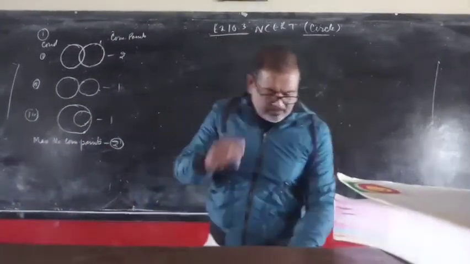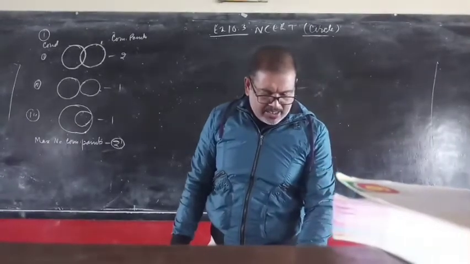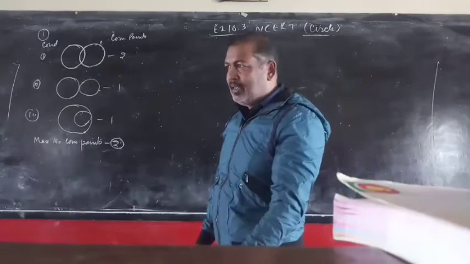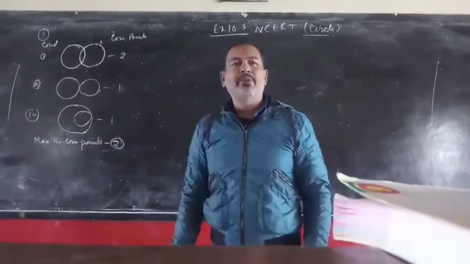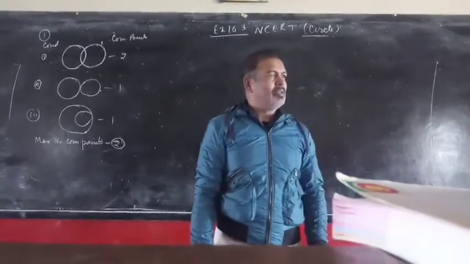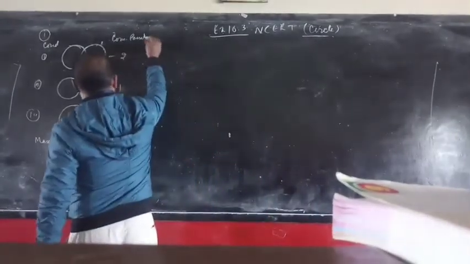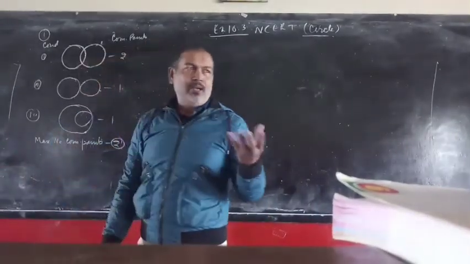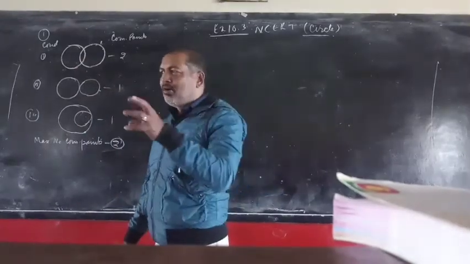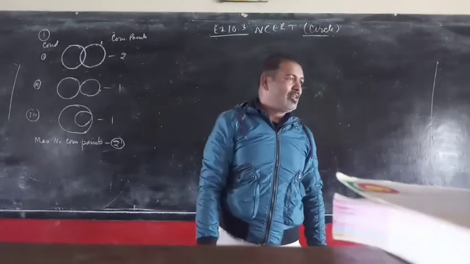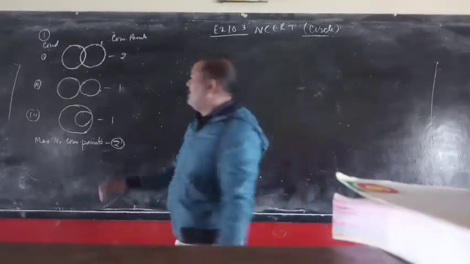Now, next question. Suppose you are given a circle, give a construction to find its center. I will write the steps, and on the basis of these steps, you will complete the construction. Suppose you draw a circle with the help of a bangle or a lid of your lunch box or anything, and you need to find out the center of that circle.